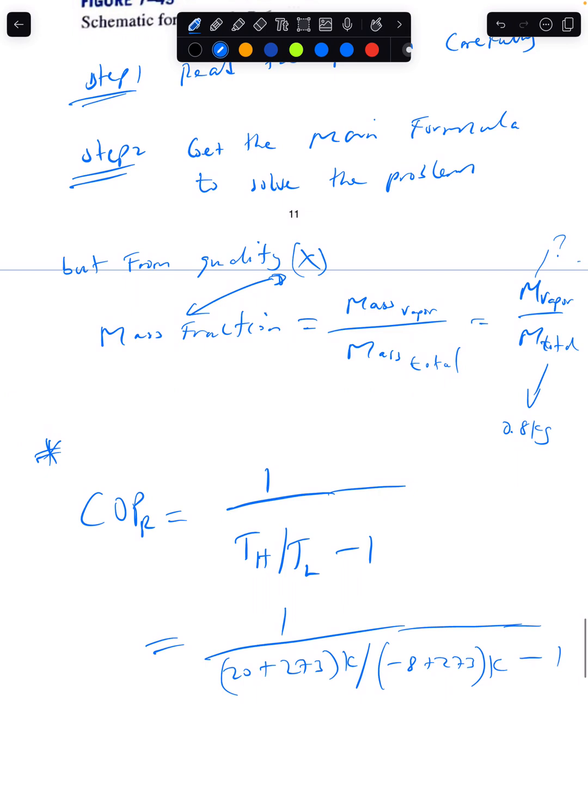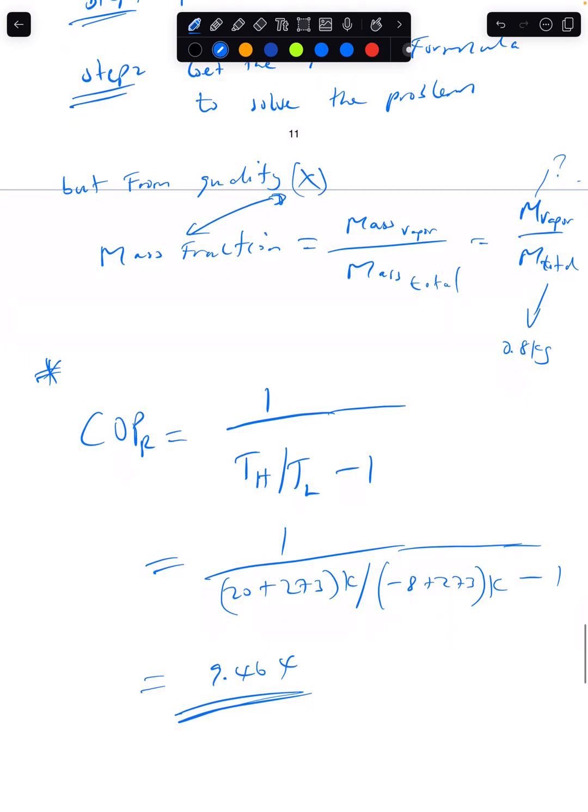If we divide that and subtract 1, we have 9.464. Like I said, the coefficient of performance has no unit.